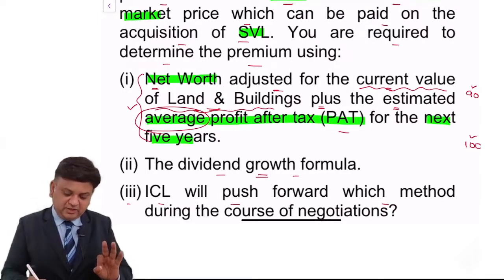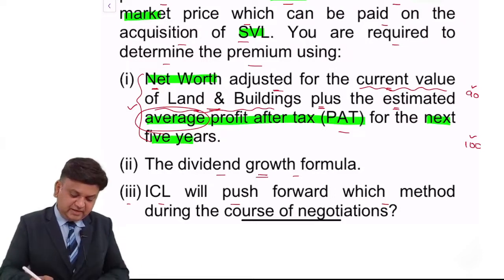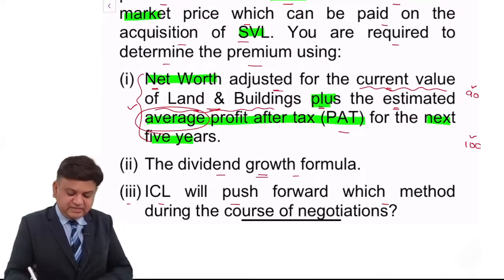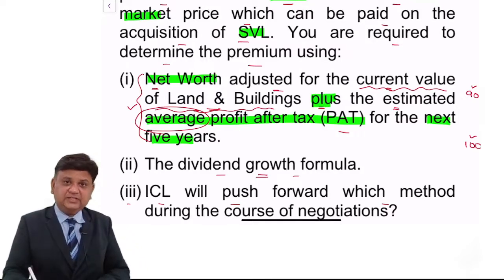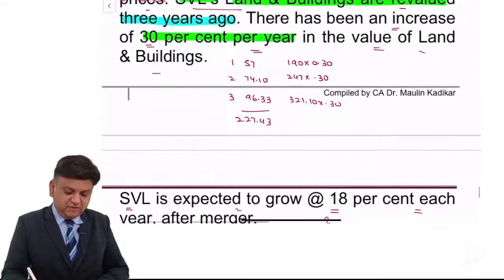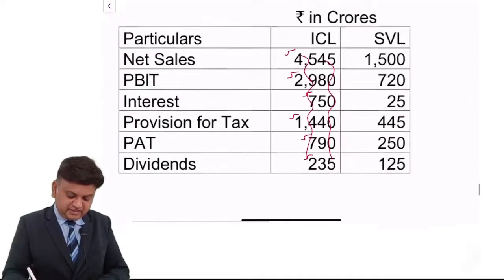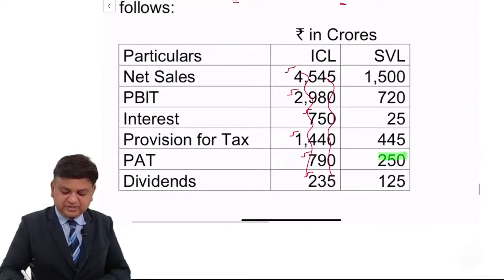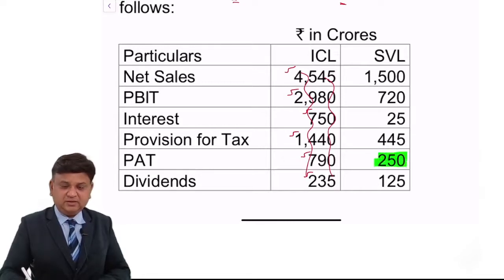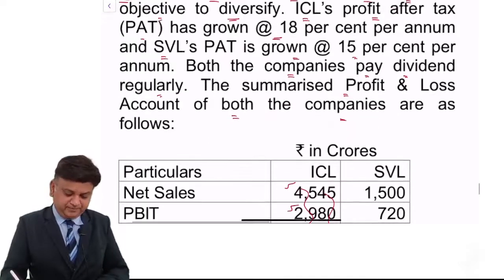The question does not end over here. It says that in addition to that, estimated profit after taxes for the next 5 years. We have been provided with the information about the target company in which its profit after taxes is 250 crore, I'm sorry.